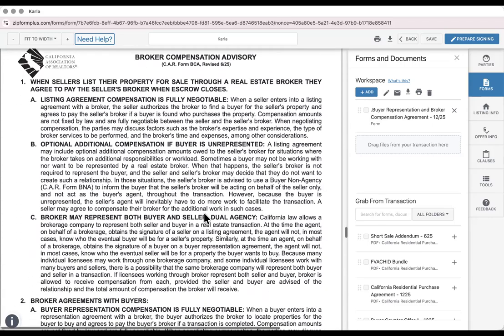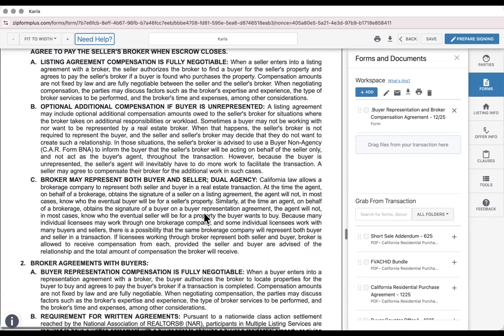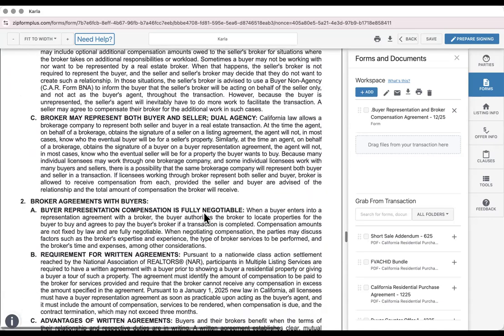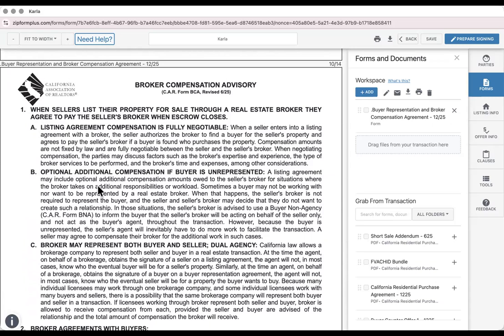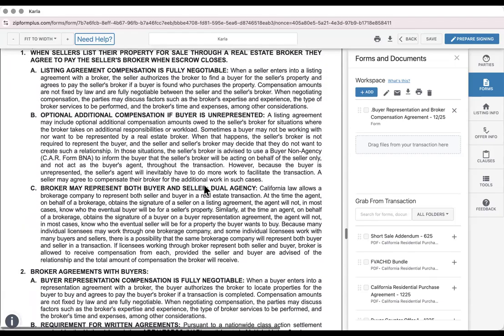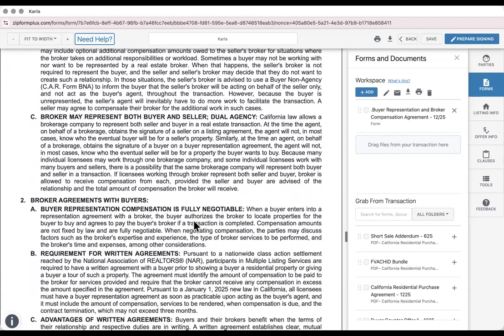Broker compensation advisory. And this will go over with them too how the compensation works, like even if they're unrepresented, if it's non-exclusive, stuff like that.